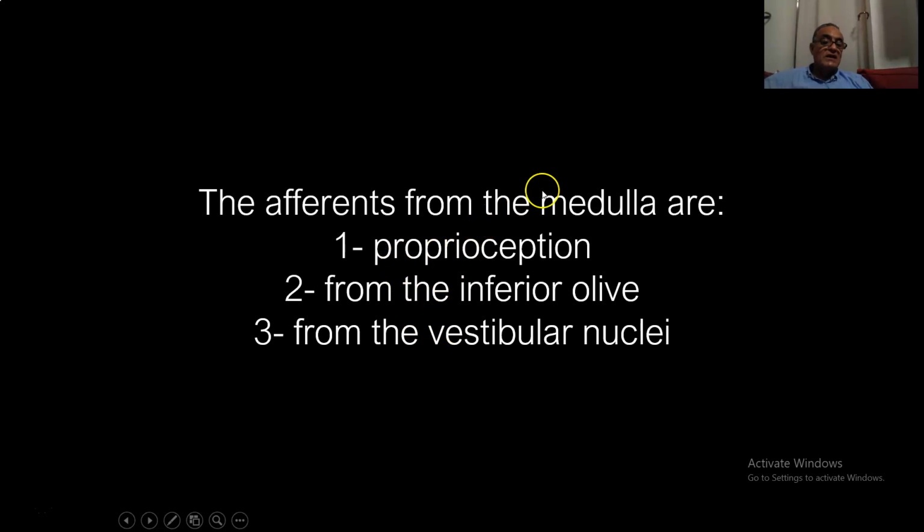The afferents from the medulla go through the inferior cerebellar peduncle, or the restiform body. What kind of information is given from the medulla?